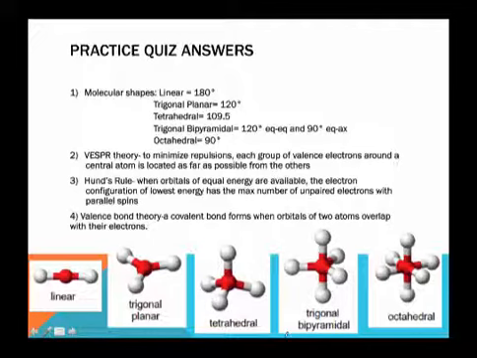Oxygen has 8 electrons, and so we'll just go ahead and draw these energy levels out. It's going to fill in 1s, 2s, and 2p orbitals. So this one is 1s, this one is 2s, and this one is 2p.